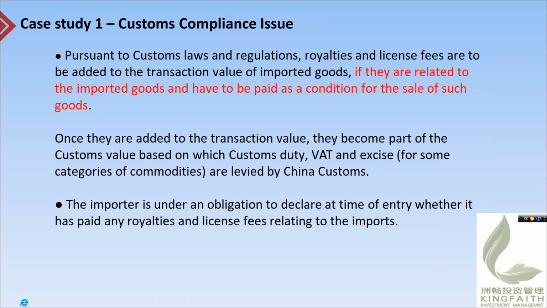So these are the provisions I'd like to point out here in the case of trademark.